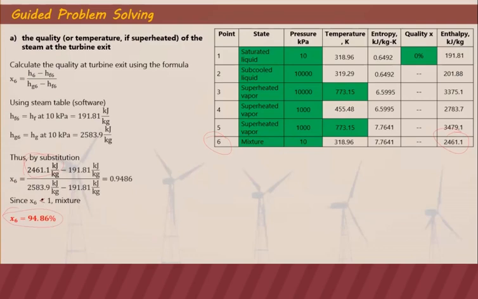Since X6 is less than 1, this is a mixture. And if that is a mixture, there is no need to calculate the temperature, because the temperature is just equal to the temperature at 0.6, which is 318.96 Kelvin. So this time we have a mixture instead of a superheated vapor.